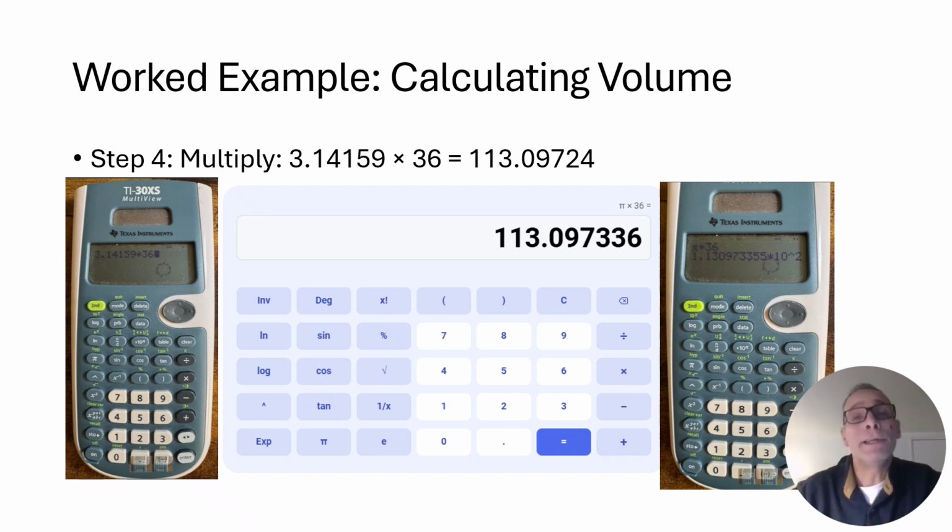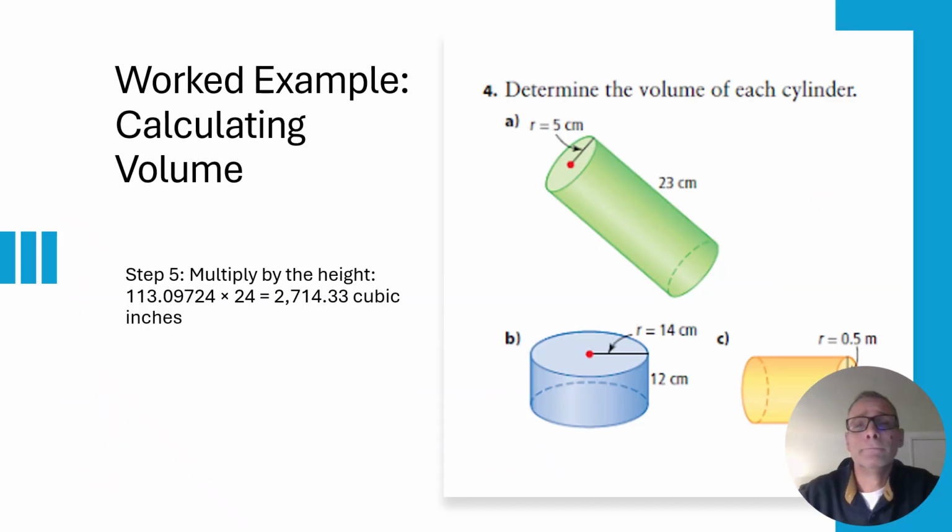Small difference, but it can affect that final calculation. As promised, we've come into the final step. Step 5 brings us to the solution. We take the product, which is just the result from multiplication of pi multiplied by radius squared, and multiply it by height, which gives us 2,714 cubic inches.